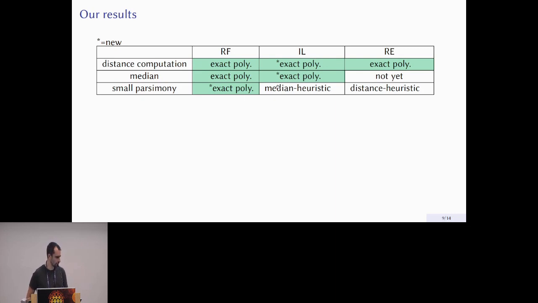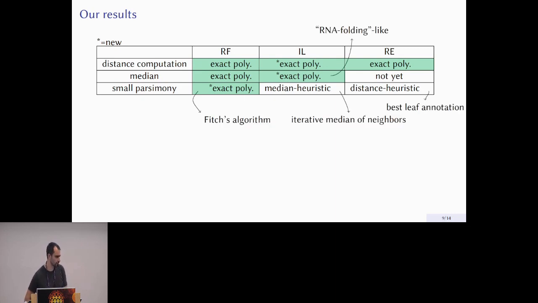To give you some intuition of the different results, the small parsimony problem under the RF distance we solve with Fitch's algorithm, or rather, we prove that Fitch's algorithm can be adapted and applied to this setting.